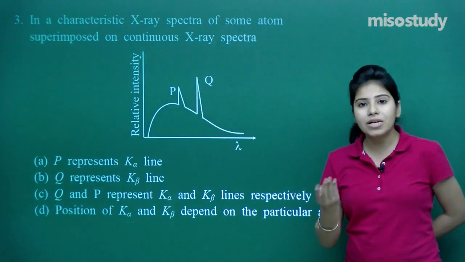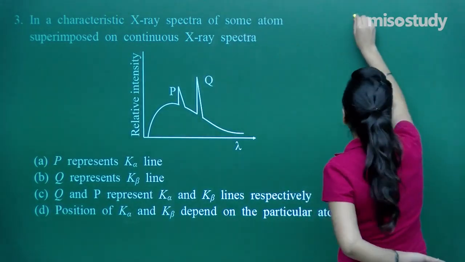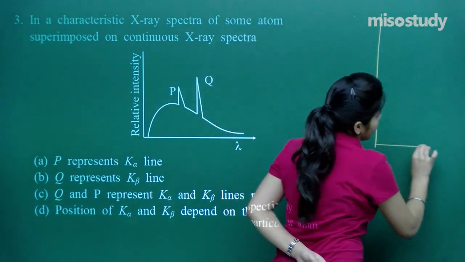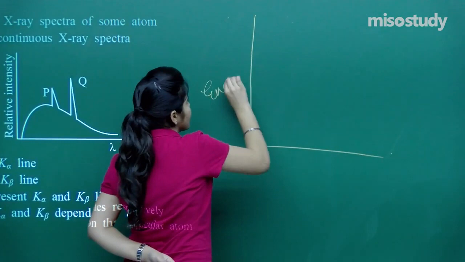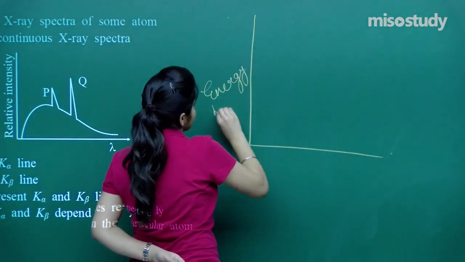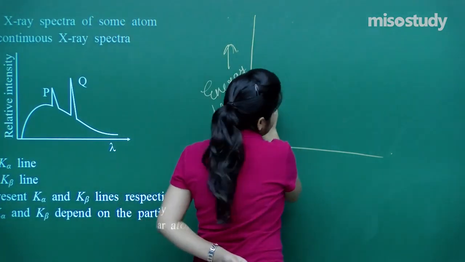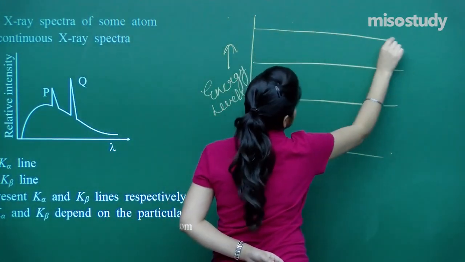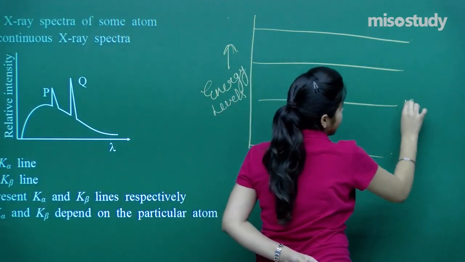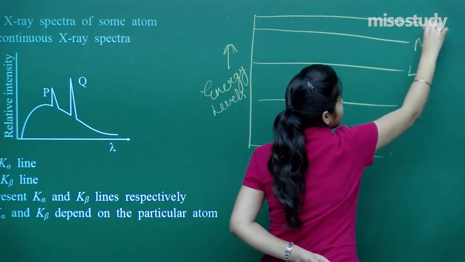So let me just repeat once again what K alpha and K beta are. I have shown this in the theory also. See, these are energy levels: this is K, L, M, and this is the N shell.